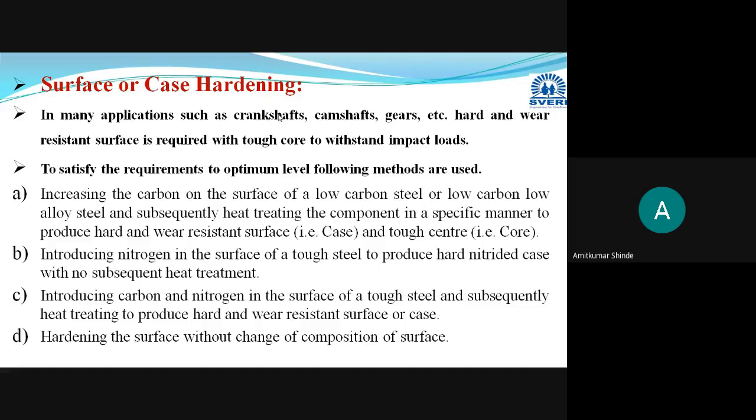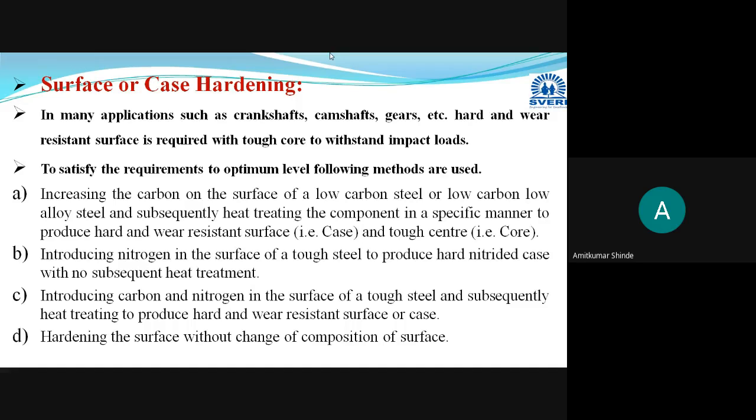Whichever component we are using, its surface should be hard and wear resistant. Along with that, the core, meaning the center of that component, should have sufficient toughness so that it can withstand the impact load.